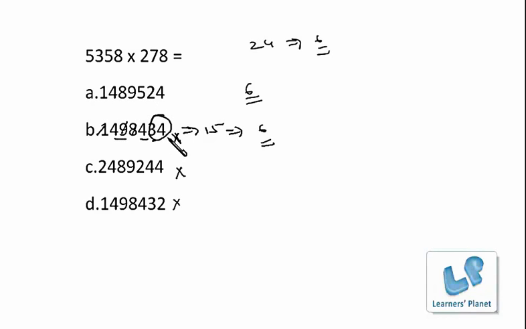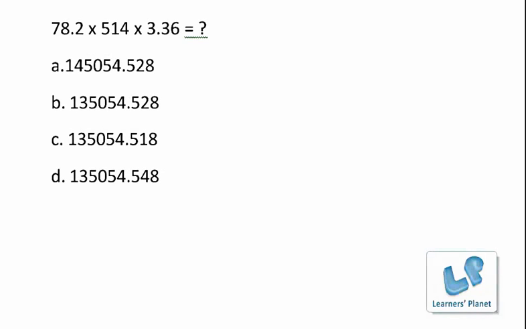So what we did over here, we just observed that if both the numbers are multiples of 2, that means their product should be a multiple of 4, and this option B is not a multiple of 4, while just looking at the last two digits, that is 34 is not a multiple of 4. Okay, so we got the right answer as option A.